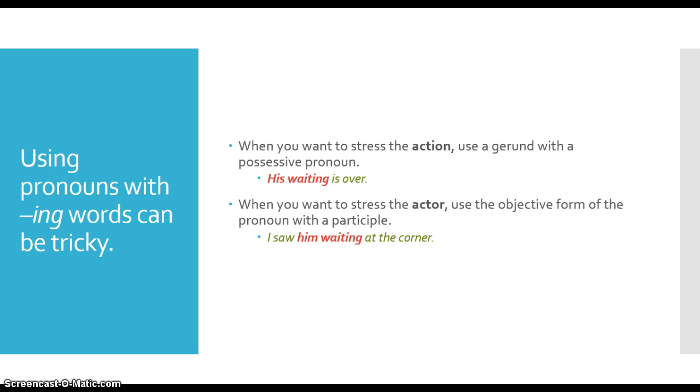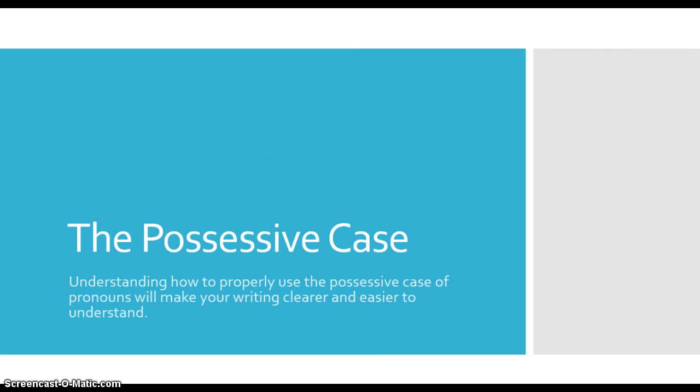But when you want to stress the actor, use the objective form of the pronoun with a participle. Look at this one. I saw him waiting at the corner. So this is I saw him, because that's the most important thing in the sentence in this particular case. So you need to decide what's most important in the sentence, and that will help you determine which way to go.